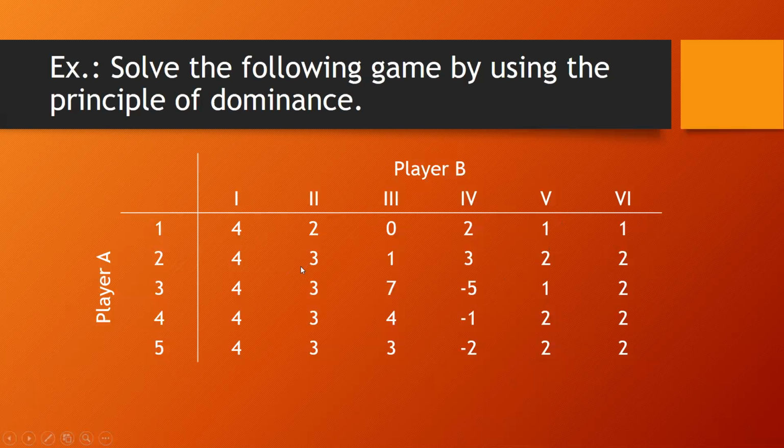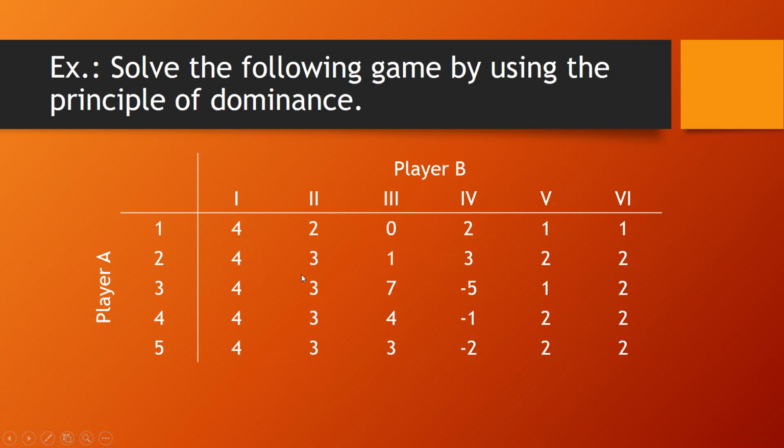So the second row is dominating the first row. We should neglect the first row, so delete this first row. My new matrix will have rows 2, 3, 4, and 5.